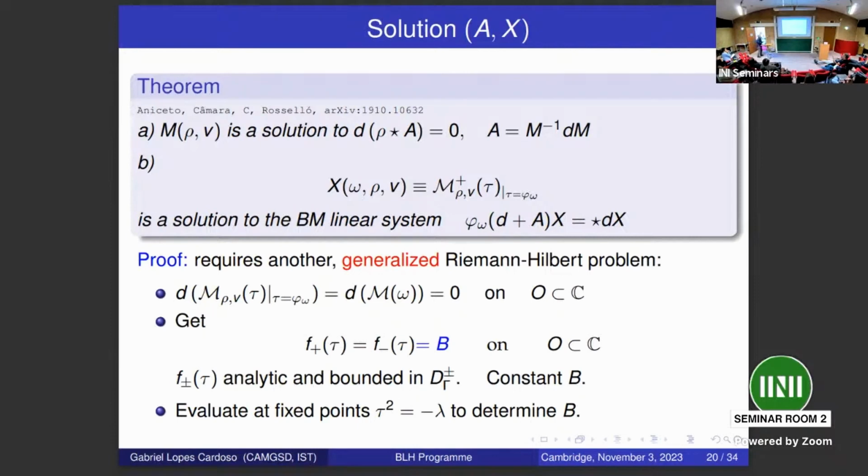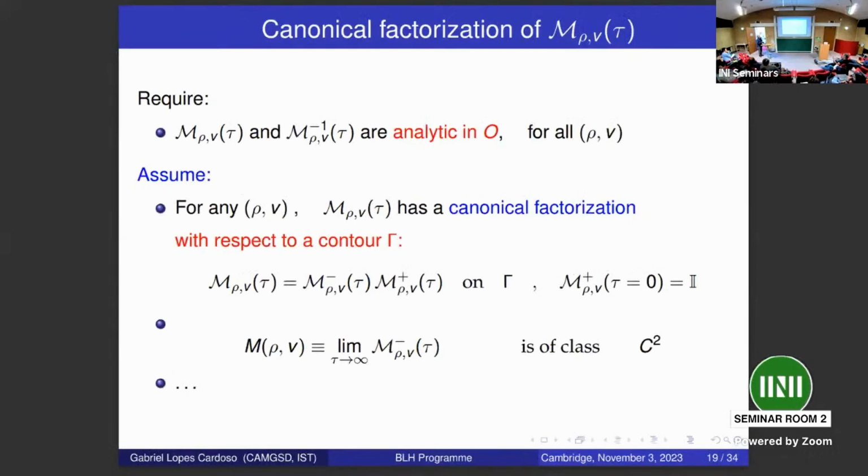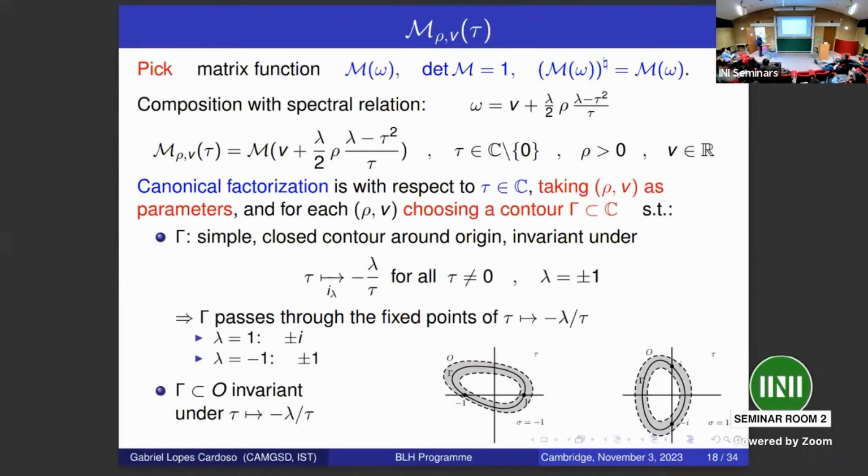This second Riemann-Hilbert problem arises as follows. Take this matrix curly M, which you picked. Remember, it came from curly M of W by substituting W in this manner.